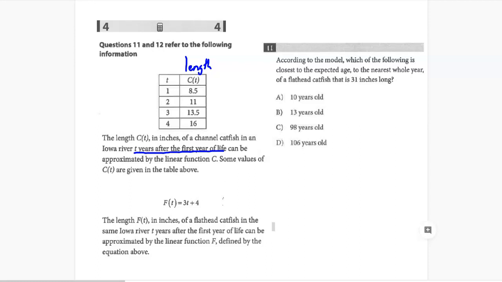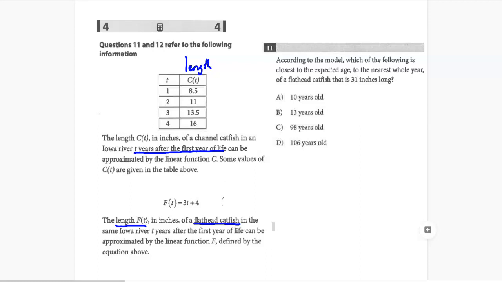Some values of C are given in the table above. And then we have the actual function that gives the length f of t in inches of a flathead catfish. So this is a different catfish in the same Iowa River t years after the first year of life, approximated by F. So C is for channel catfish, F is for flathead.